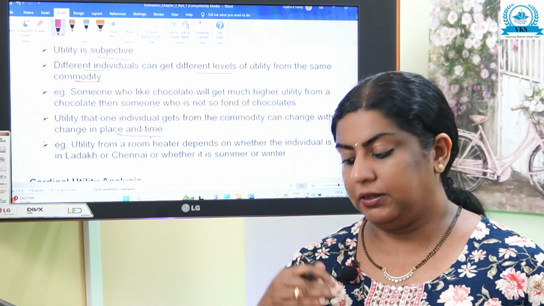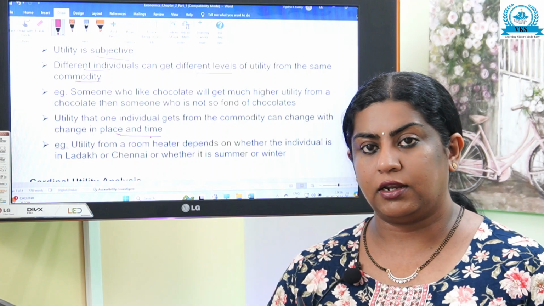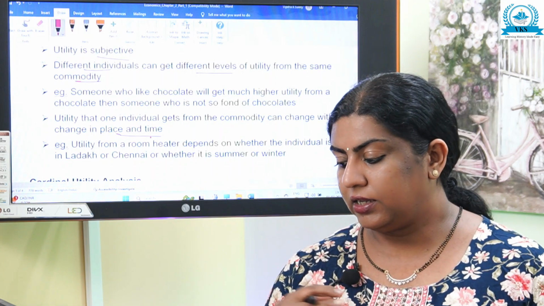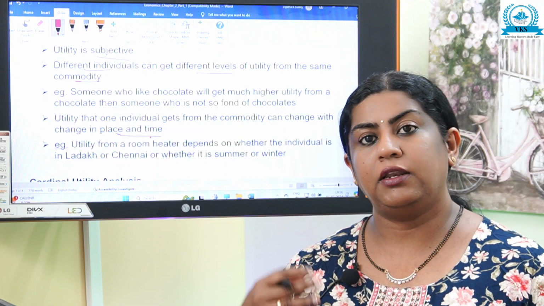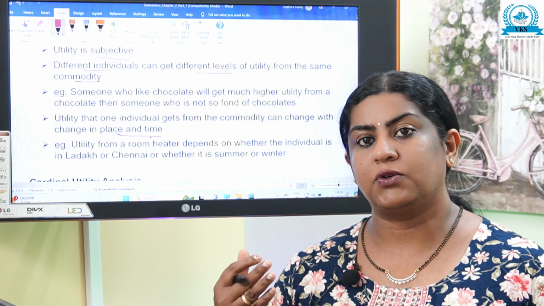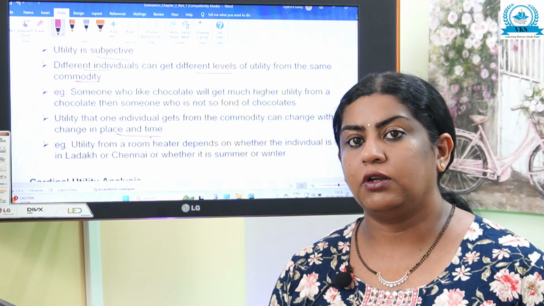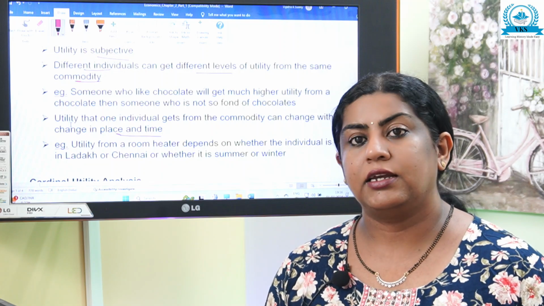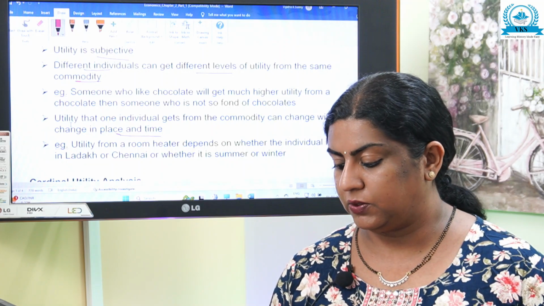So utility changes from place to place and time to time, depending on weather and individual. So utility is the want satisfying capacity, it is subjective and it differs from individual to individual.